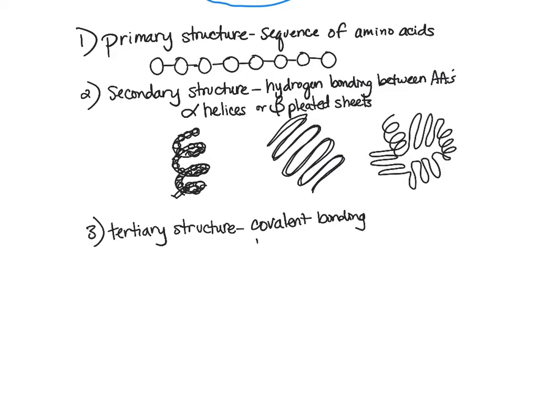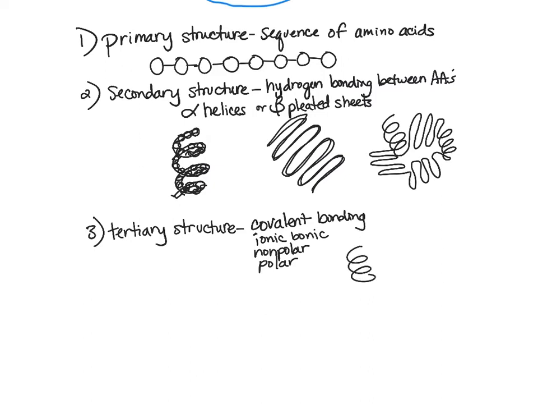We see the different ionic bonding with the R groups. We see other interactions like the nonpolar hydrophobic interactions. And then, of course, we can still see some polar interactions. And so our tertiary structure is when we're taking the alpha helices and the beta pleated sheets and we are folding them on top of themselves.